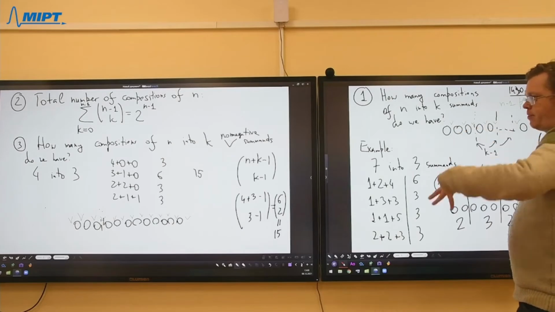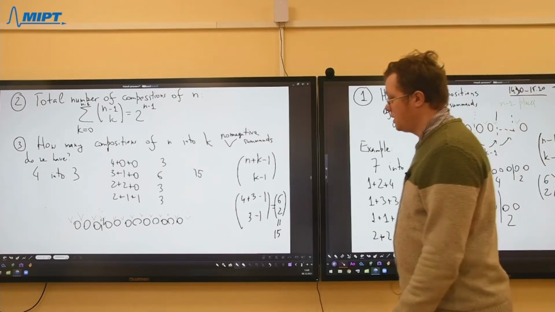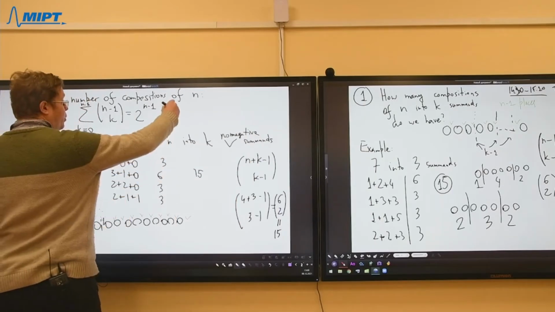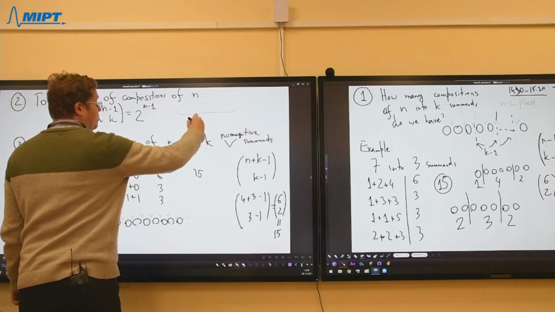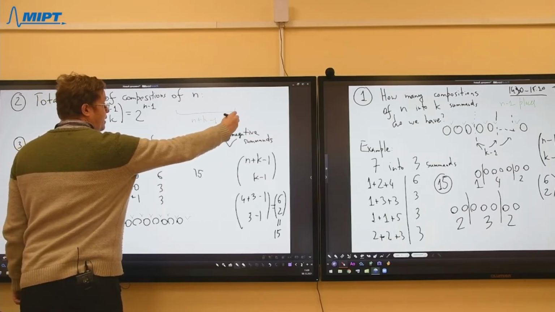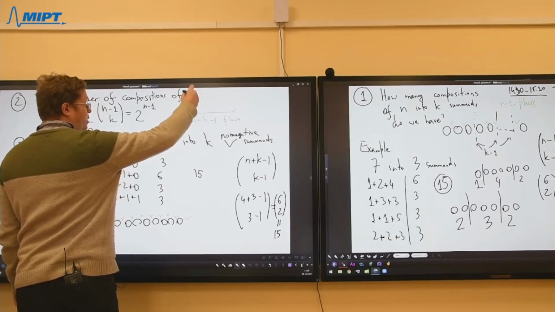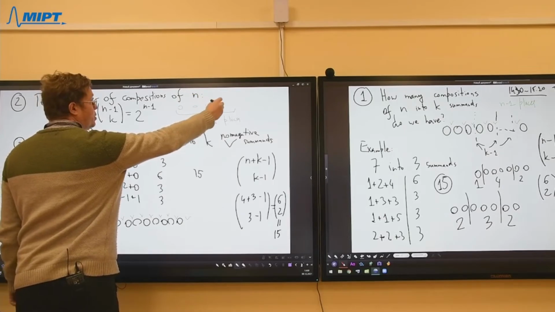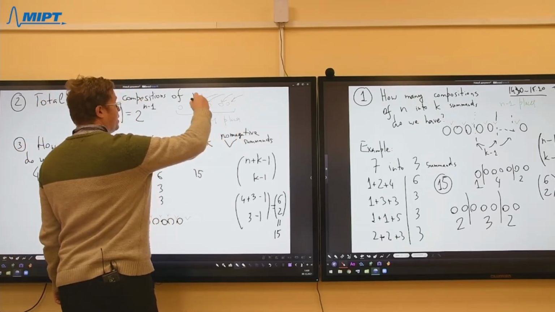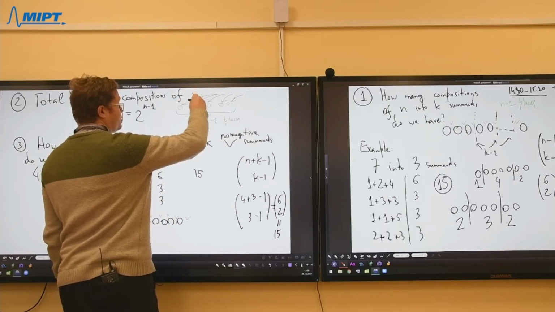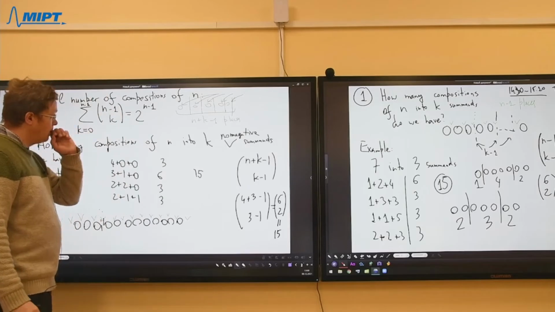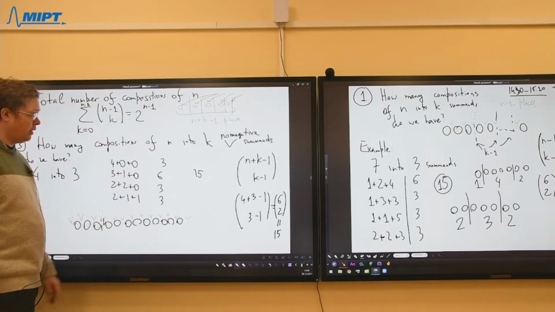We can put several between the balls, and so it is easier to represent it as we have n plus k minus 1 places, and then we just choose n of them to be balls, and into the other k minus 1 we just put the delimiters, and so we will have the composition of n into k non-negative numbers.